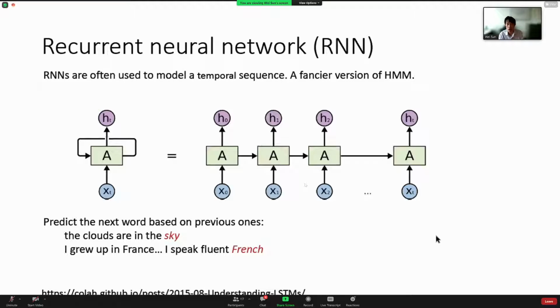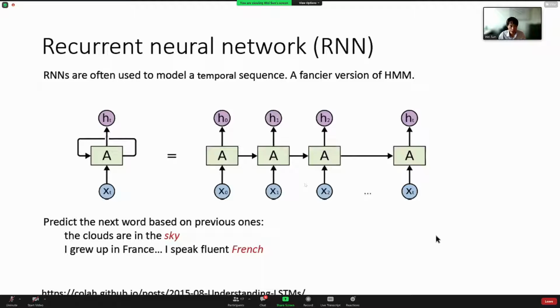Hidden Markov model was probably the most successful model for natural language processing before the neural network. The hidden Markov model tries to learn the current state conditioned on the last time point, which is independent of everything before that. That's the Markov assumption that makes the hidden Markov model computationally doable.